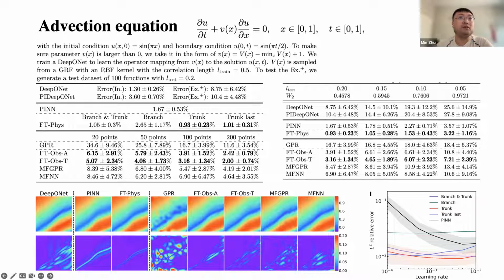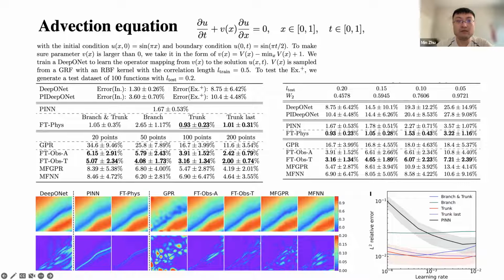The branch or trunk or the trunk last just means that we fix the other part of the network and only change this part of the network parameters. Okay, got it. So you have the new observation and you just train the last layer of the trunk, and then only the trunk and only the branch and trunk.